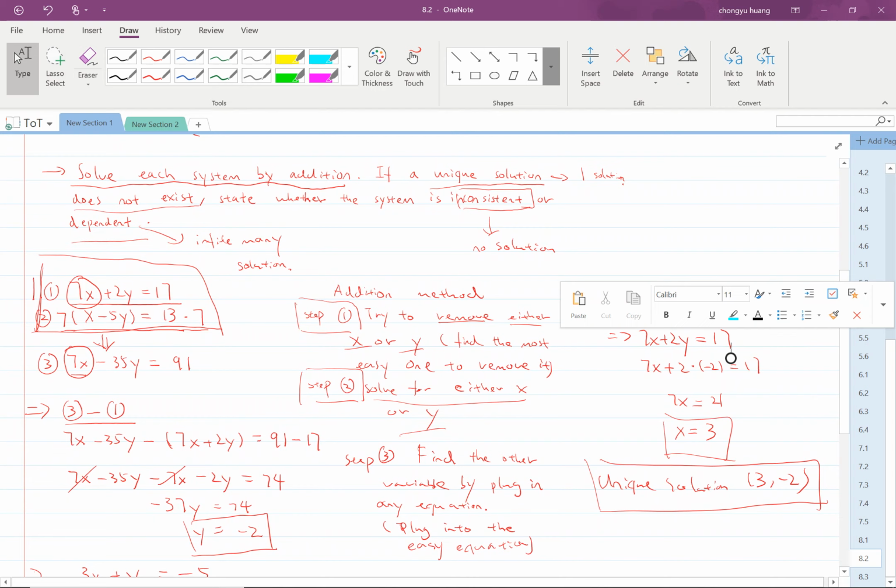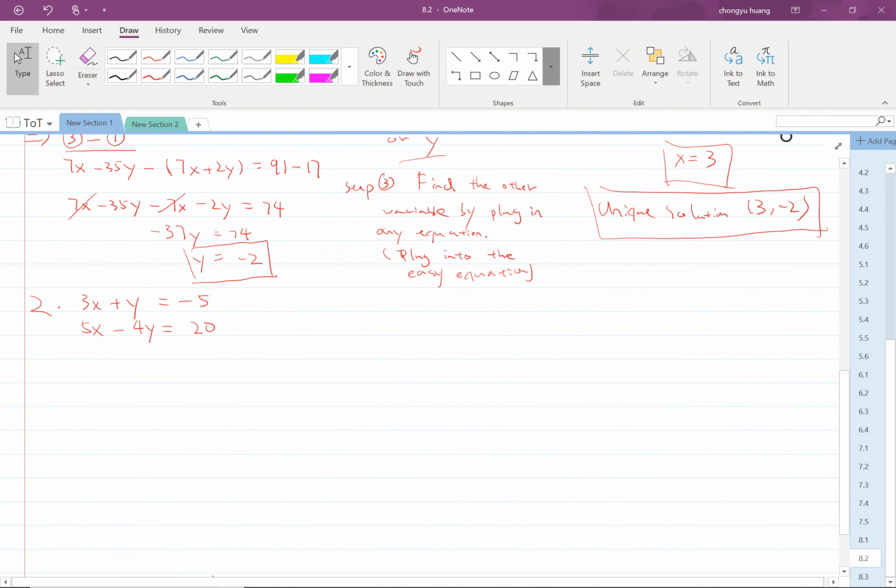On the next question, I will tell you guys how to do these problems much faster. But since this one is the first problem, I will try to show all the steps and all the logic. So now let's move into question 2.